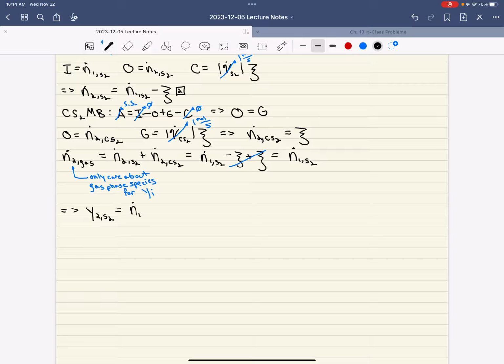So the molar amount of sulfur coming out divided by the total moles in the gas phase. Same thing for CS2. It's going to be psi over N1S2. Okay?